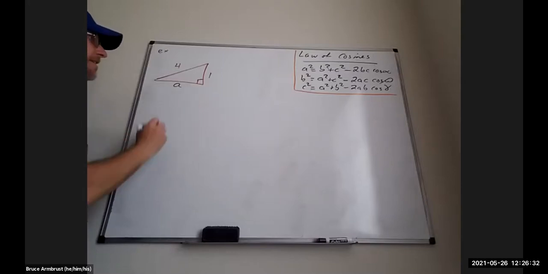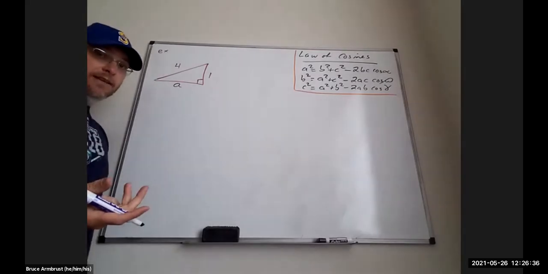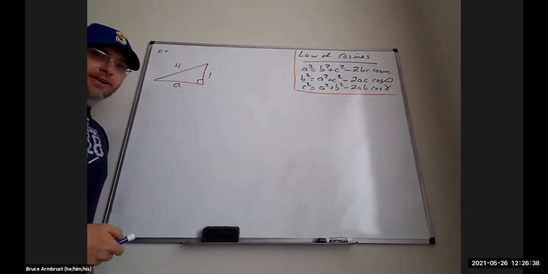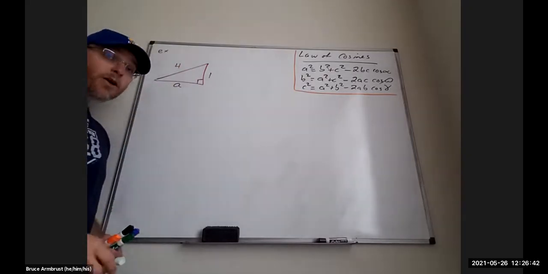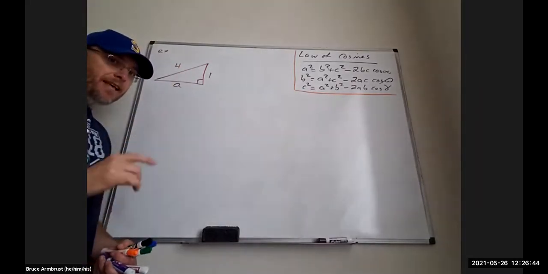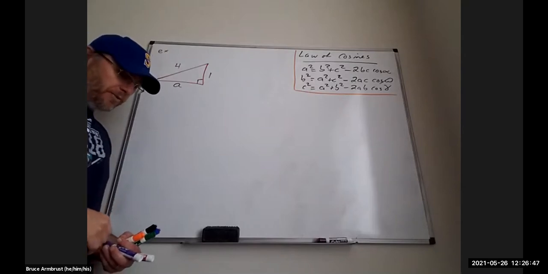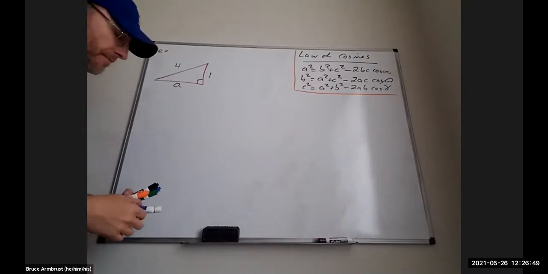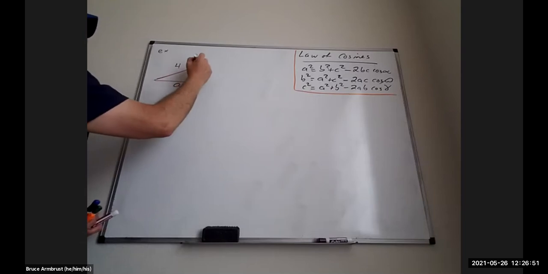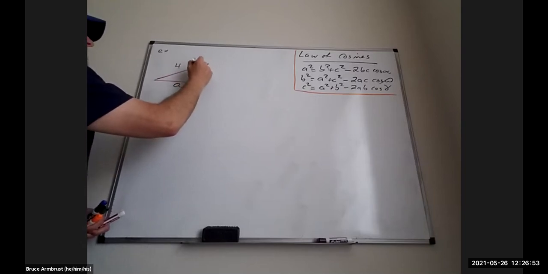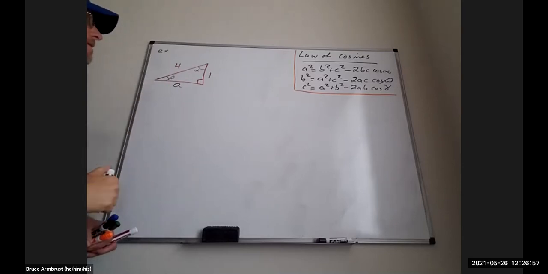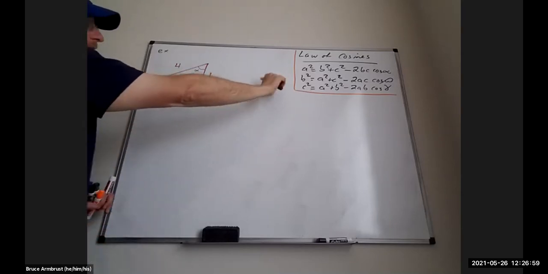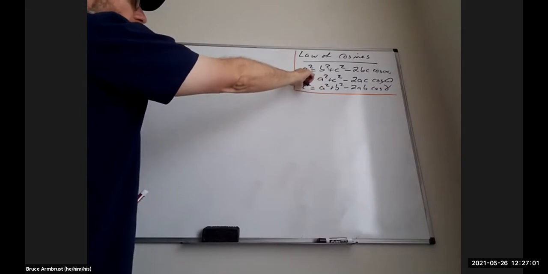All right, what about this guy right here? Call it A. And the way you would do it is with the Pythagorean theorem, right? You'd have A squared plus 1 squared equals 4 squared. Well, instead, let me show you how we would use the law of cosines. So if this is A, then the side opposite is going to be alpha. We'll make this one beta. So think about finding A from the law of cosines.